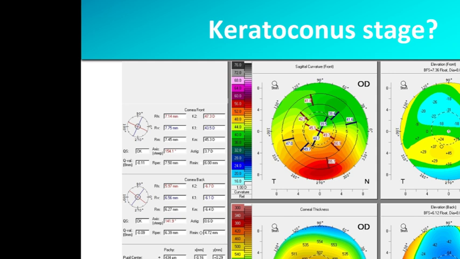We come to this one. Kmax is 56. Okay? Very high posterior elevation. Now, although it is moderate keratoconus, do you think this patient is suffering from quality of vision more than the first picture or less?